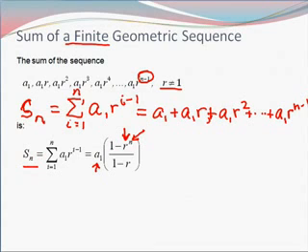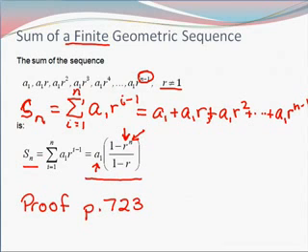And if you're curious as to where this relationship came from, you can look in your book. The proof is on page 723. So when you get a chance, just take a look at that in your book and you can see where we get this formula from.